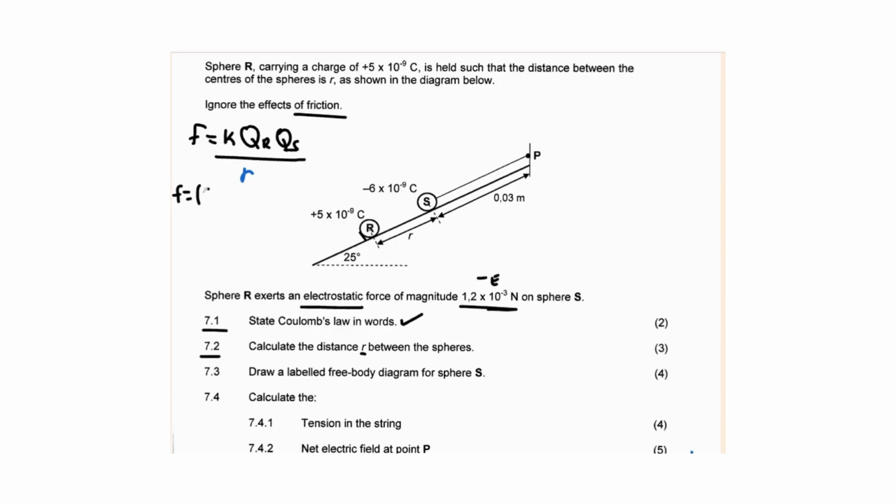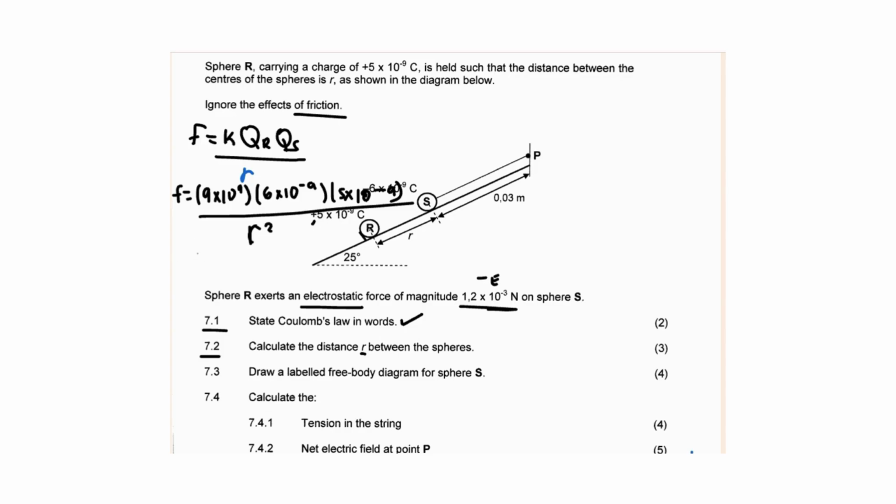Our k, we know it's 9 times 10 to the power of 9, and then the charges, remember when you put the charges, you don't have to put the negatives there. The charges just go in there as being positive. 6 times 10 to the power -9 and 5 times 10 to the power -9, all divided by r squared, and our r, we don't have it, it's just going to be r squared. And also remember we have F.